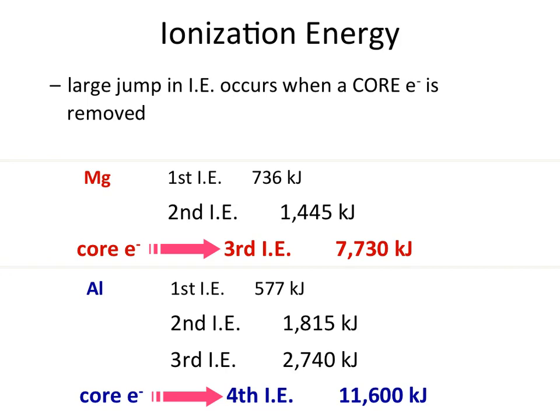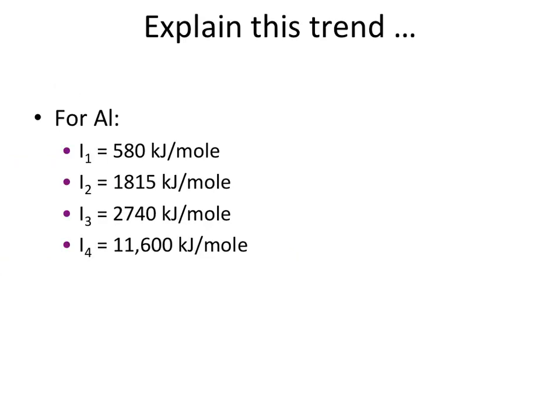If we were to look at the aluminum example and talk about the trend that we see, aluminum is going to want to give up 3 of its electrons in order to be like its nearest noble gas. So it wants to form this 3+ ion. These first 3 ionization energies are the removal of those first 3 electrons.